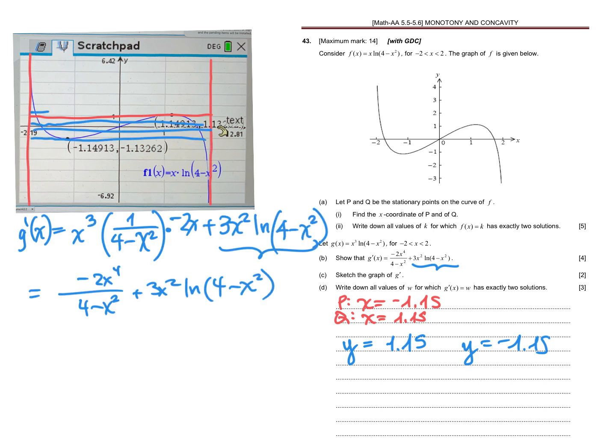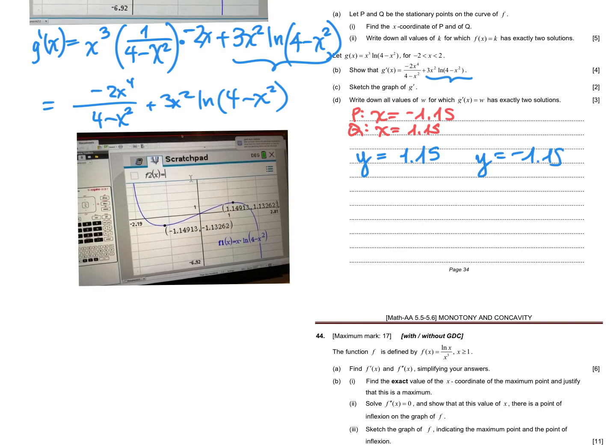Sketch the graph of G prime. Okay. So I'm sure you can do it with the graphing calculator. I'm going to show you this way to do it with the graphing calculator.